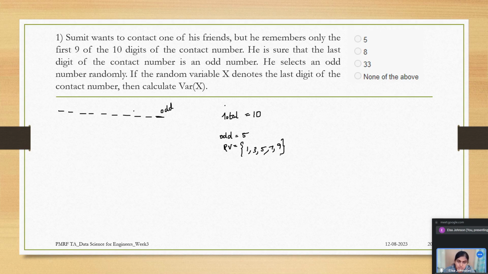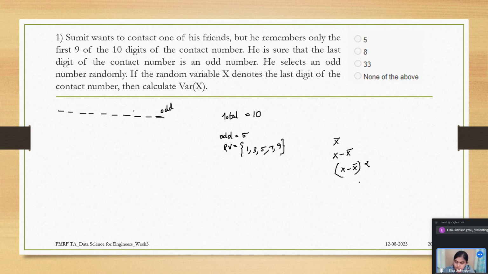You are asked to calculate the variance. For variance, what do you have to calculate? First you have to calculate the mean, then x minus x bar, or x minus mu, whatever you are naming that, then x minus x bar the whole square, and then you have to find the mean again of this.